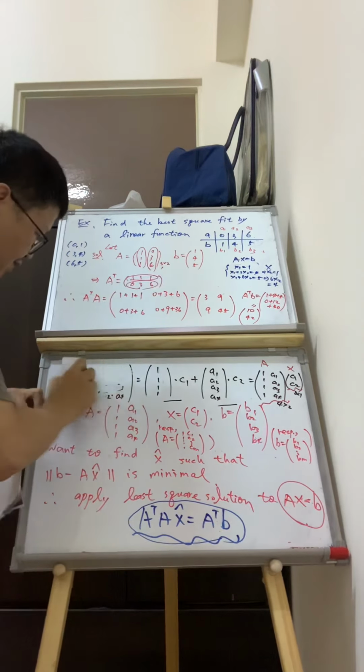Okay, so now we consider A transpose A, A transpose b. So it's 3, 9, 9, 45, 10, 42, and then multiply by negative 3 and add to the last row, you will get 3, 9, 10, 0, so it's 45 subtract 27, and 10, 42 subtract 30, so it's 12 and it's equal to 18.